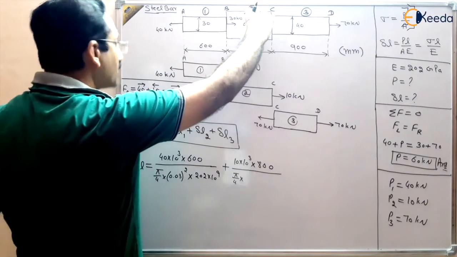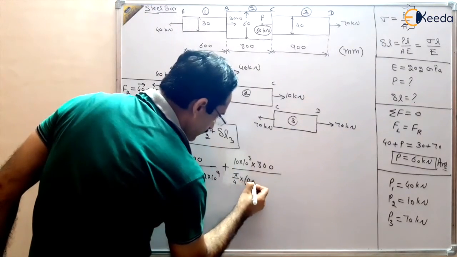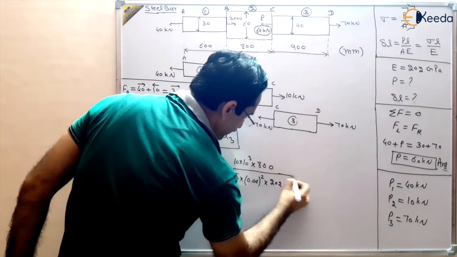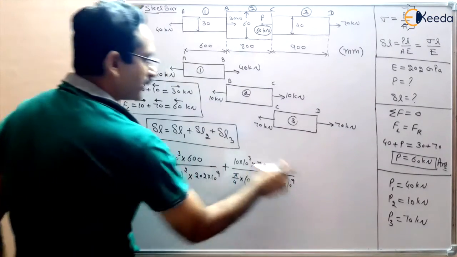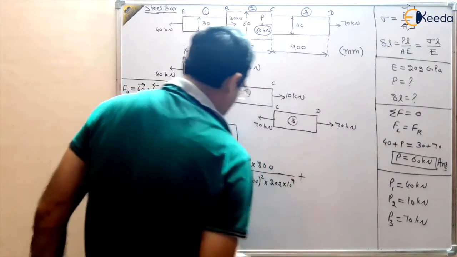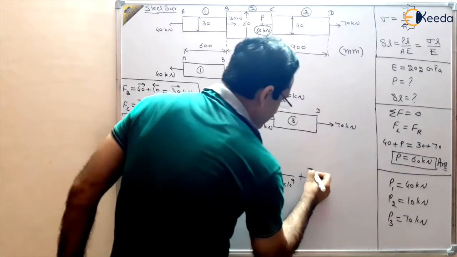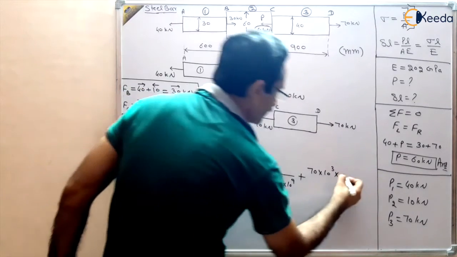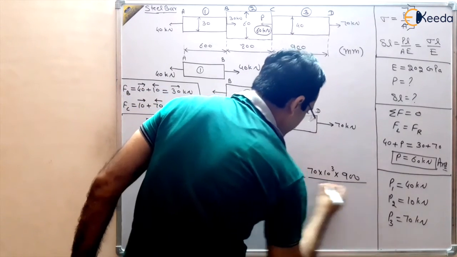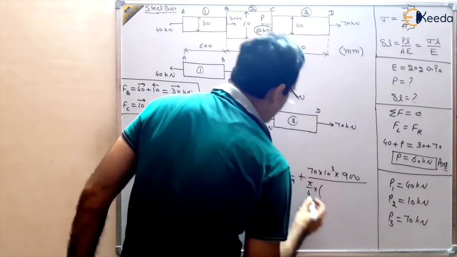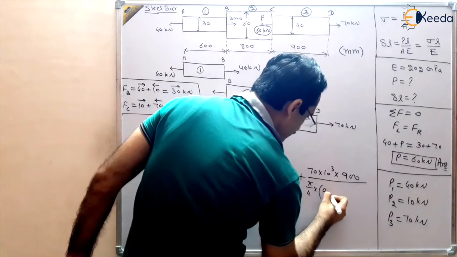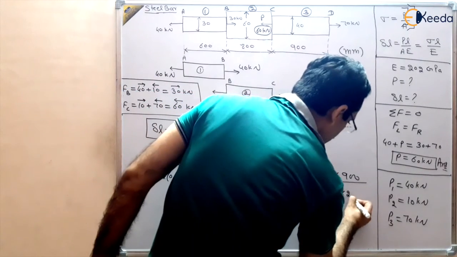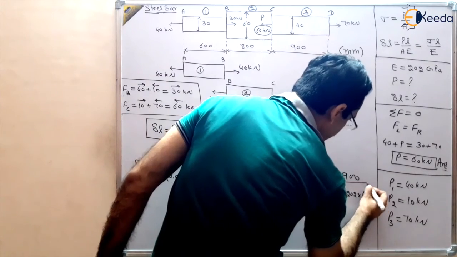Dia of this section is 60, so this is 0.06 square multiplied by 202 gigapascal becomes pascal, multiplied by 10 power 9, plus third section is 70 multiplied 1000 multiply length 900 divided by pi by 4 d square. What is dia? 40, 0.04, we have used meter, and E 202 giga is 10 power 9 pascal.